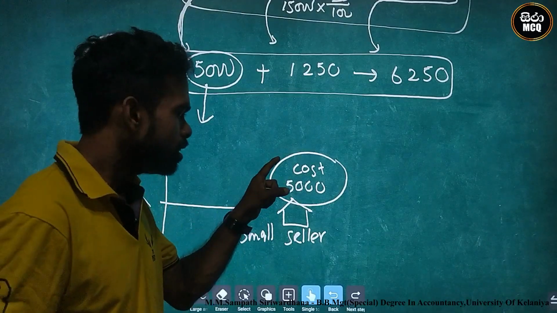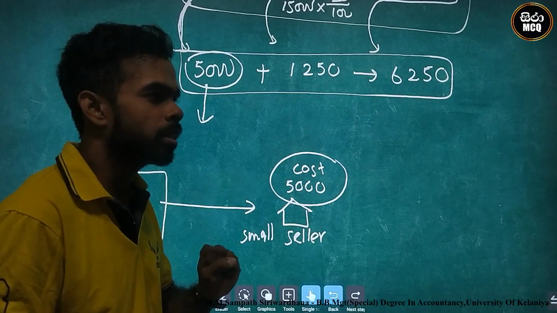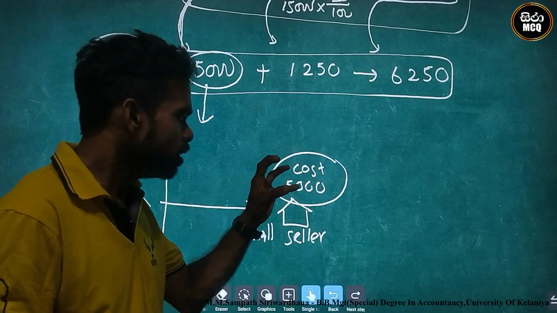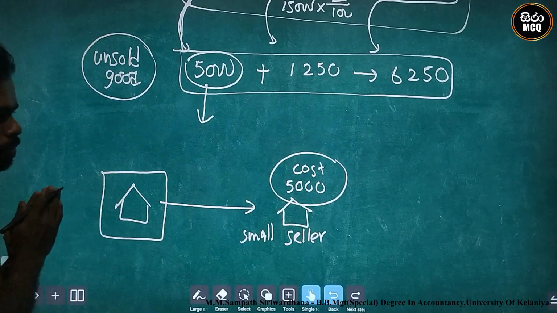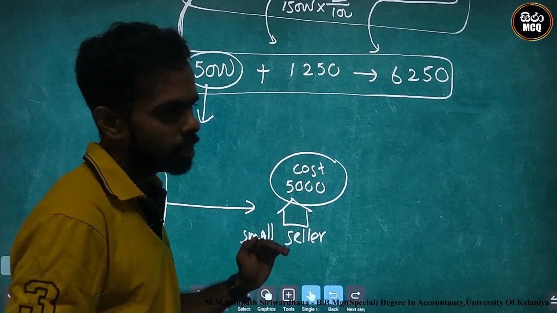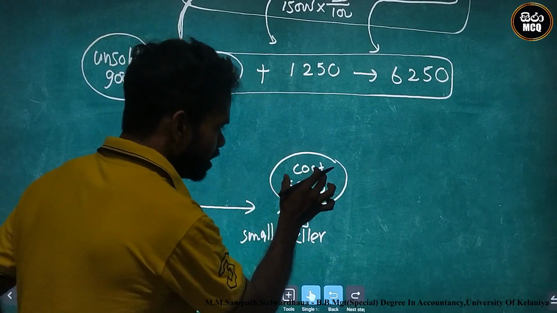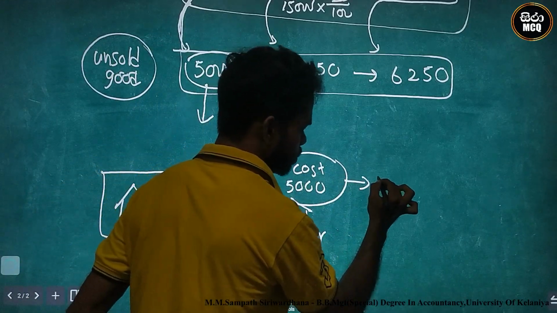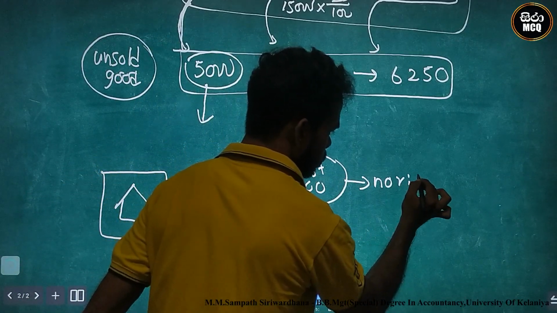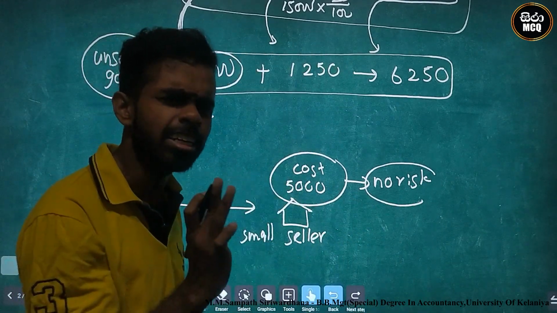The cost of goods is controlled by us, and the risk of the goods remains in our business. The small seller can return it, on a sales or return basis. For these remaining stocks, there is no risk to the seller.